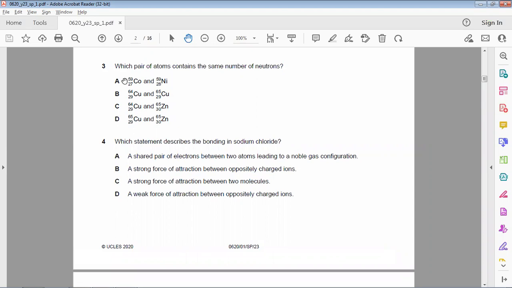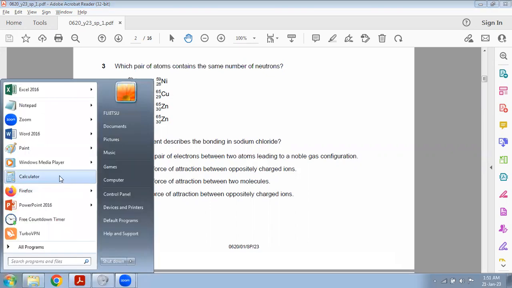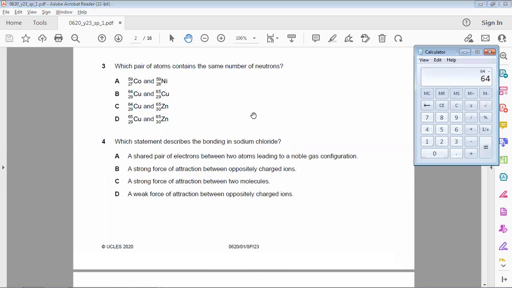One by one, we need to subtract for each, and we will get to know that it's only in option C that 64 minus 29 equals 65 minus 30. 64 minus 29 is 35, and 65 minus 30 is also 35. So both copper and zinc have 35 neutrons. This won't be true for the other choices. So the correct answer is C.